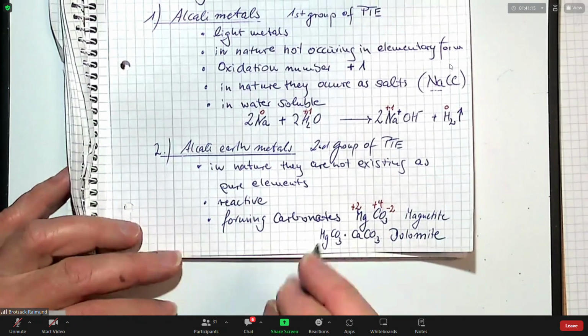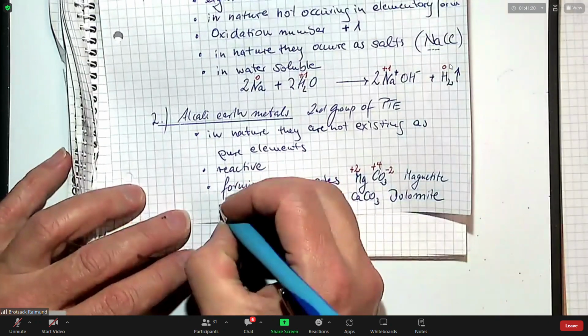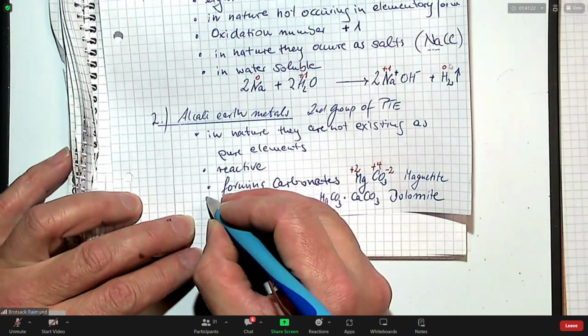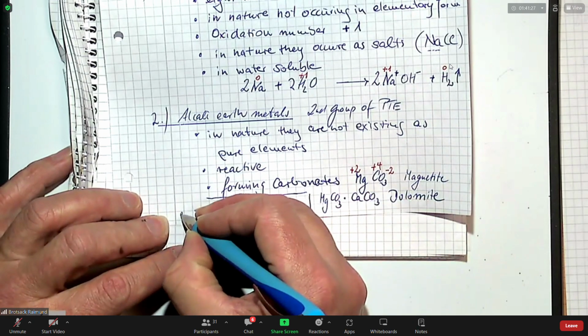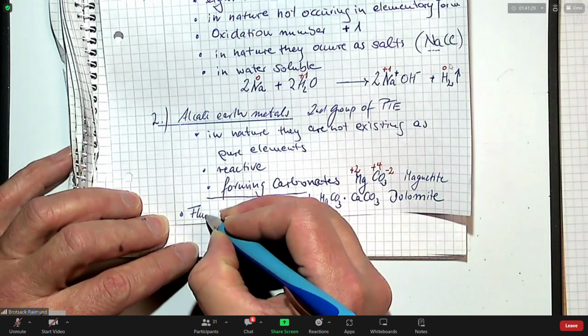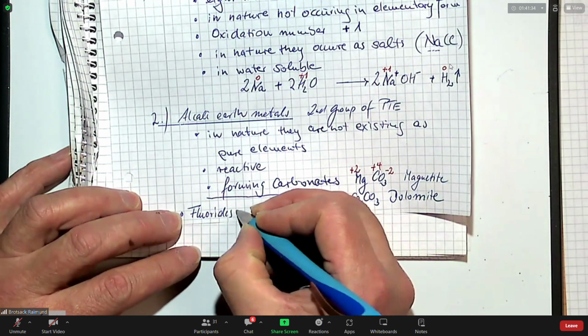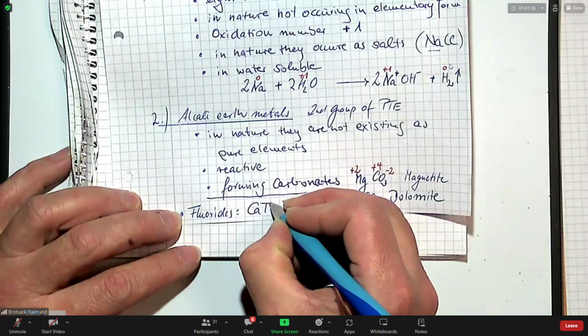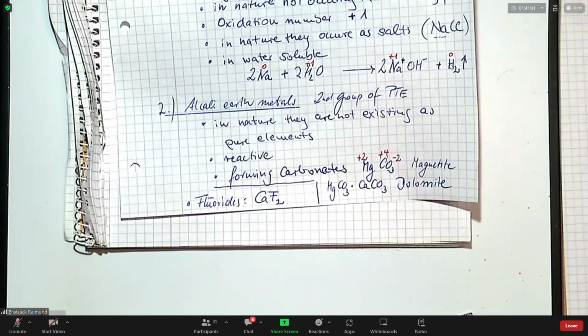Besides the carbonates, we have fluorides. I will add it here on the same side. And the calcium fluoride. We had it already once when we talked about the ionic crystals, or the ionic type of bonding.